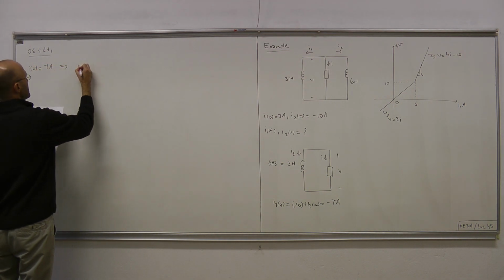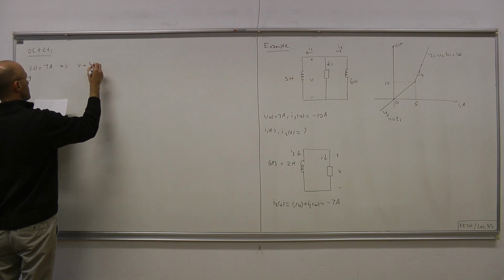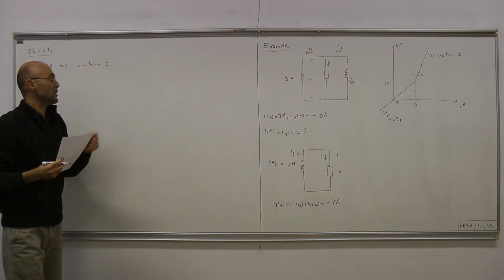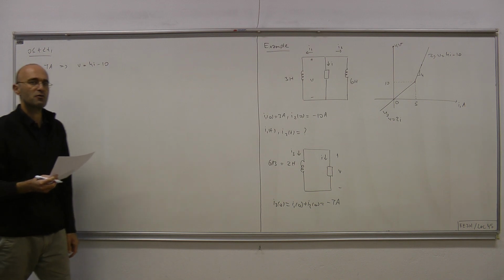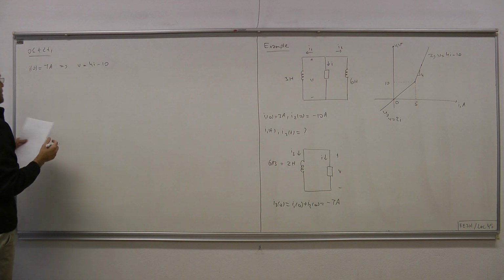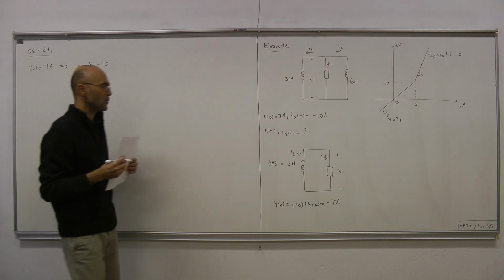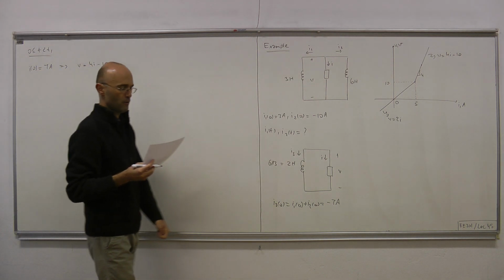Therefore, for a while at least, the relation between current and voltage is given by this equality, V equals 4I minus 10. Now let's write down the differential equation describing the evolution of I3.